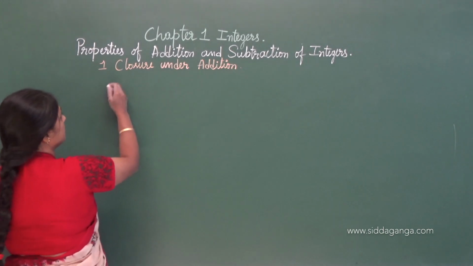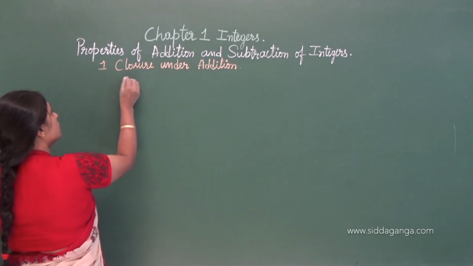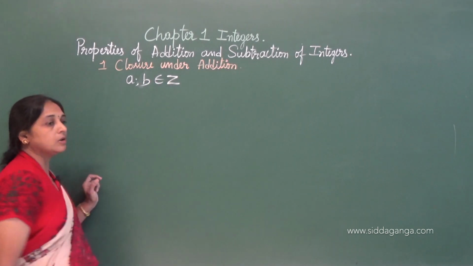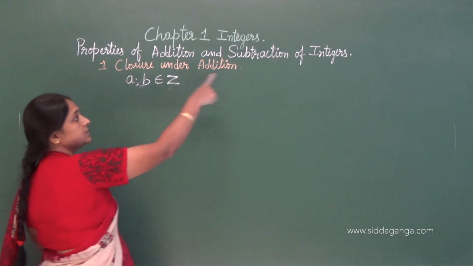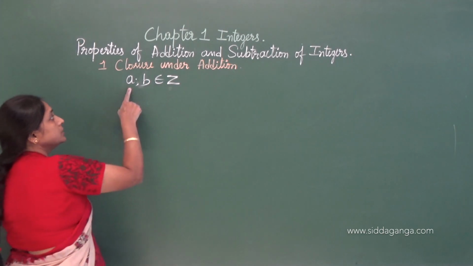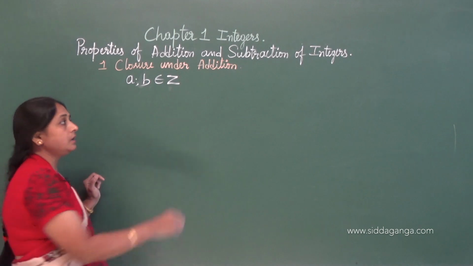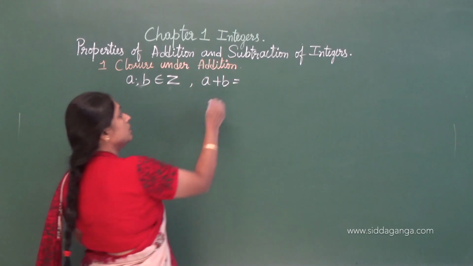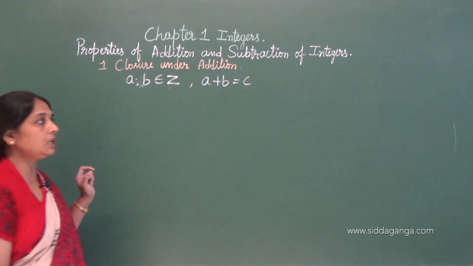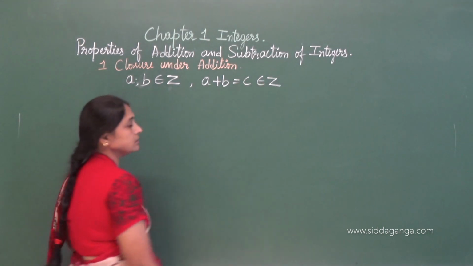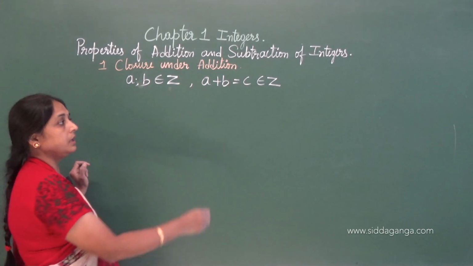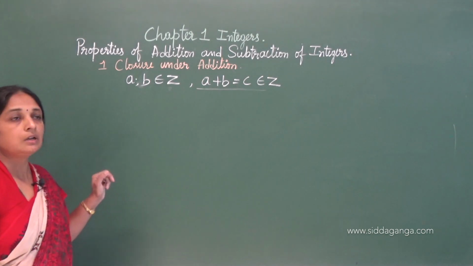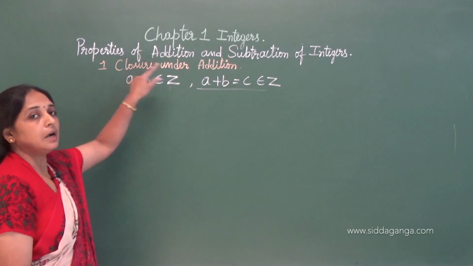The condition for the closure property is that for any two integers a and b belonging to Z, where Z represents integers, when we add these two integers we get one sum, c, and that should also belong to Z. Then we say a plus b is equal to c belongs to Z, and it is closed under addition.